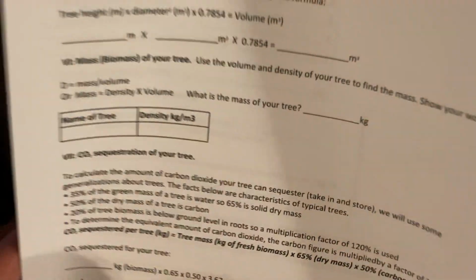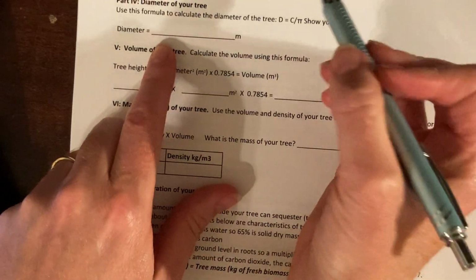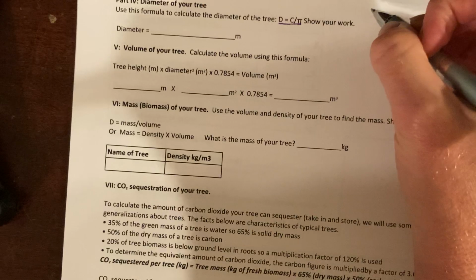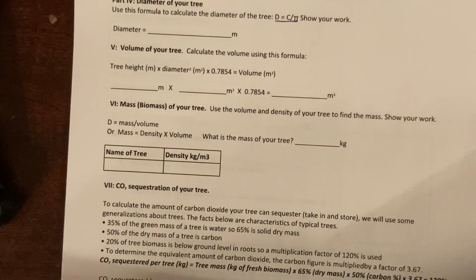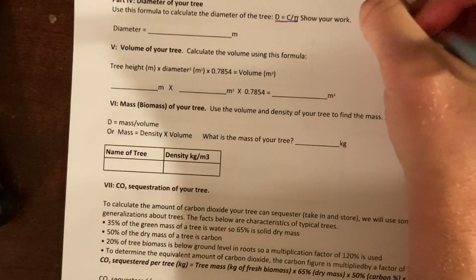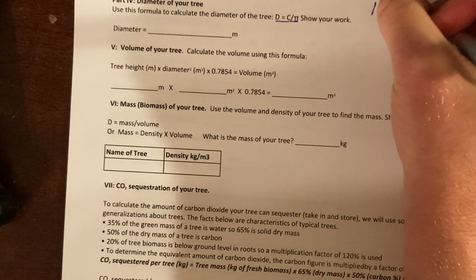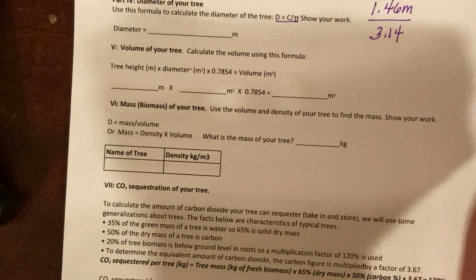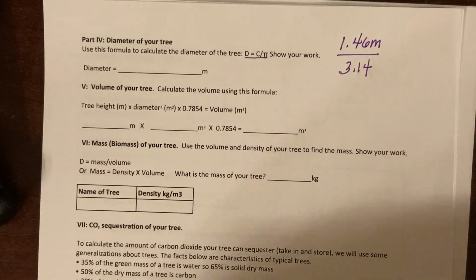All right, so the formula is diameter is the circumference divided by pi. So we found out our circumference. The last measurement that we just calculated was 1.46 meters divided by pi, so 3.14. So they can use a calculator.